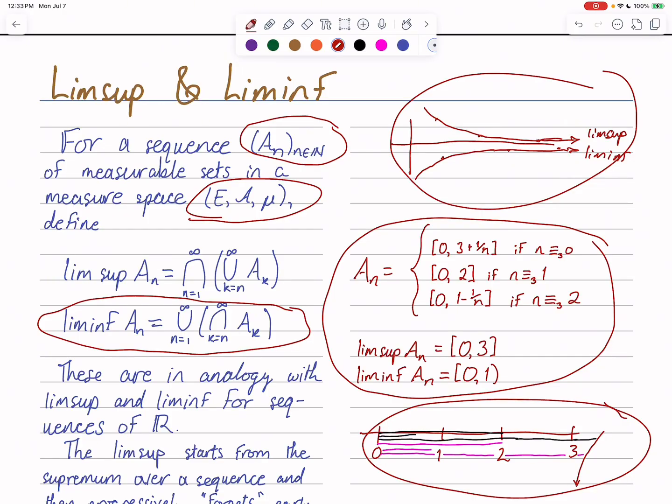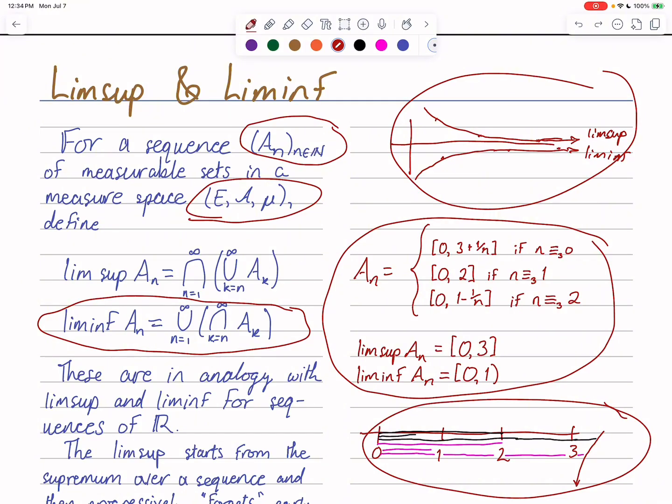So imagine that you set n equal to 1, so that means that you're going to intersect with k starting at 1. So you intersect all of these sets. That means you're going to take the smallest set, and I think we can pretty well understand from this diagram that that's going to be this one, which is the interval from 0 to a half. Coming from this clause, that's the smallest set you'll find when you start k at 1.